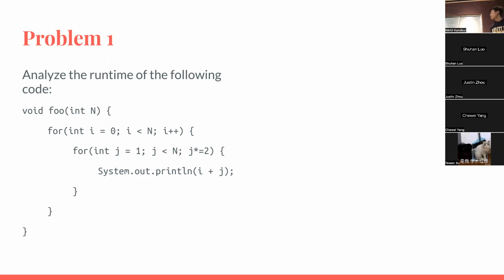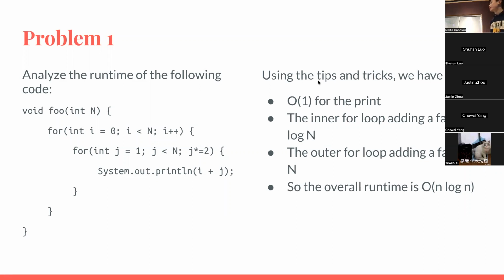All right, so I guess we can get started with this unless anybody wants a touch more time. I'll put the steps up here, but we can also look on the board over here. So we have this print call, and we assume that print calls take constant time. So this inner print call is O of 1.